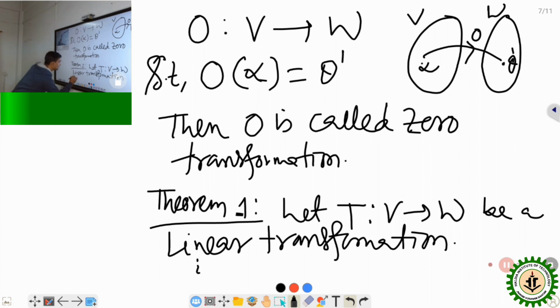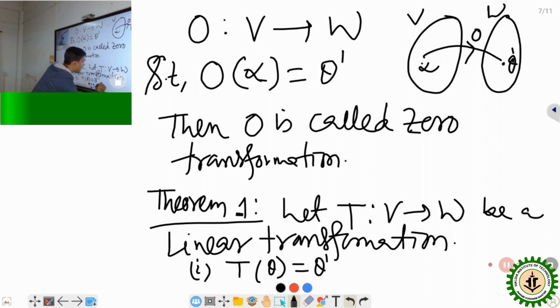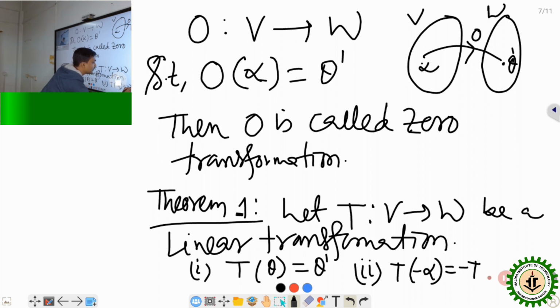Result number 1: T of theta is equal to theta dash, where theta and theta dash are the null vectors in V and W vector spaces respectively. Another result we can establish is T of minus alpha is equal to minus T alpha. So we will establish these two results.